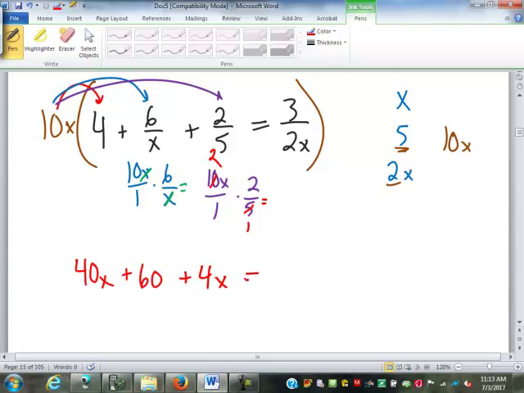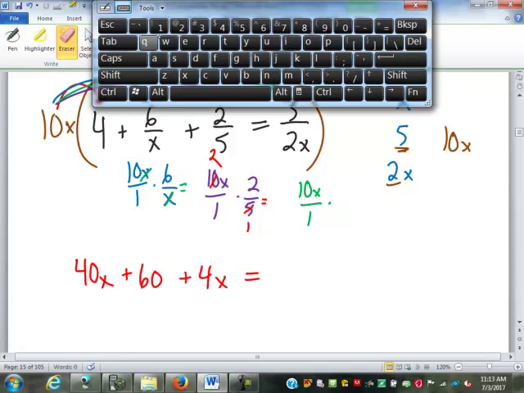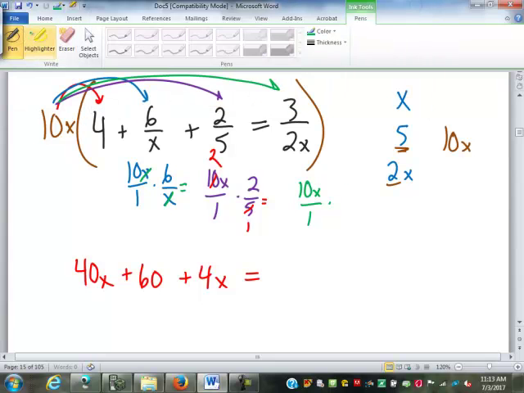Then we're at equals 10x over 1 times 3 over 2x. So I'm going to cancel out the x's. 10 and 2 divided by 2 give me 5 and 1. 5 times 3 is 15.